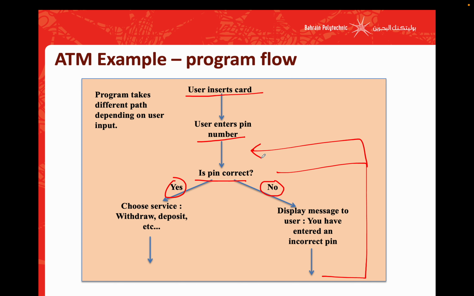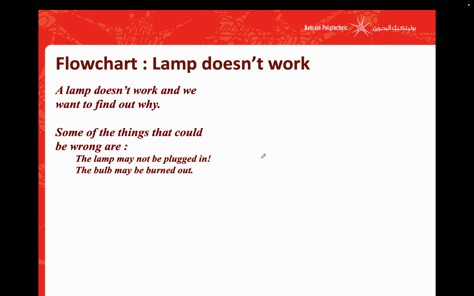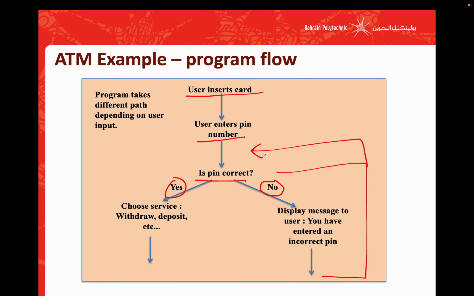Okay, so that is one way of showing how we can represent a logic or an algorithm in the form of a flow or a flow chart. Now, if you had to create a flow chart for this, it would have been this way.